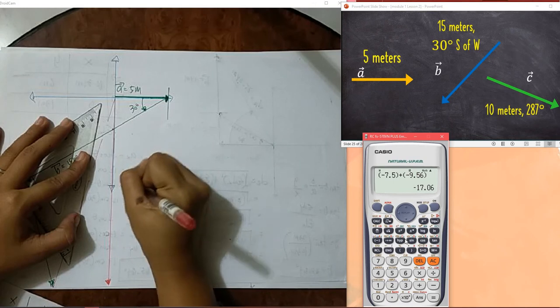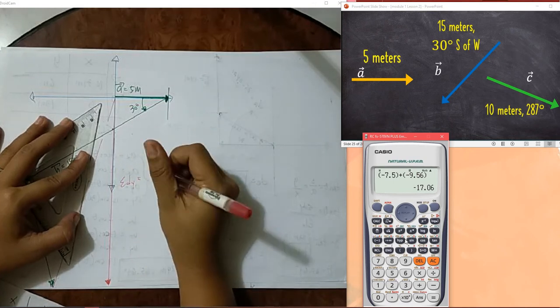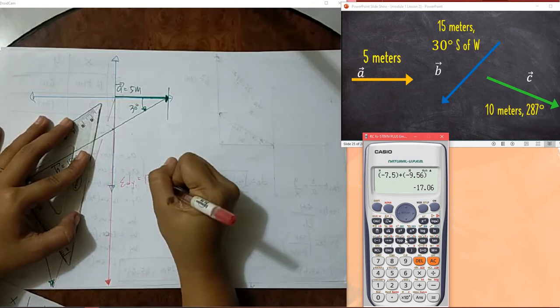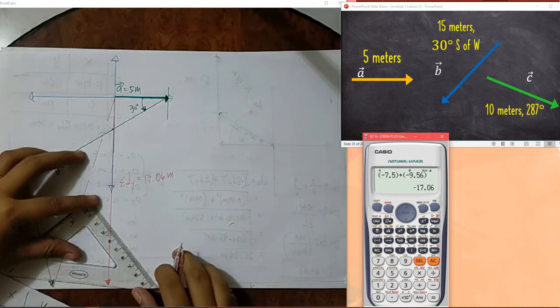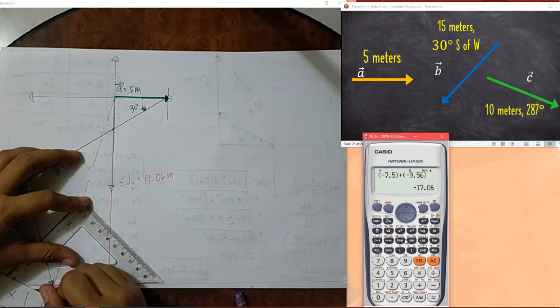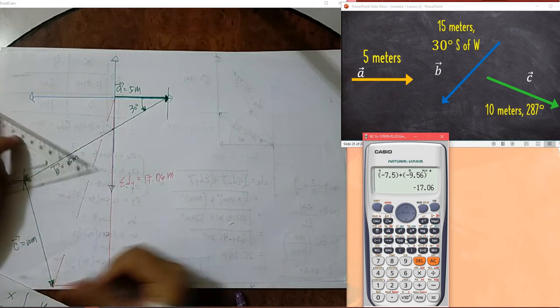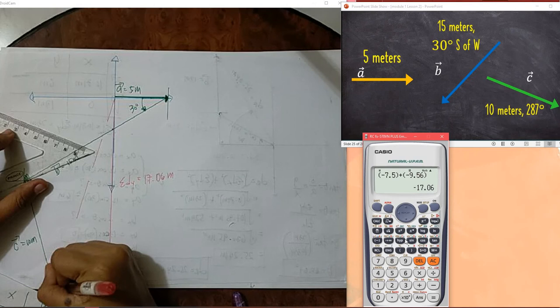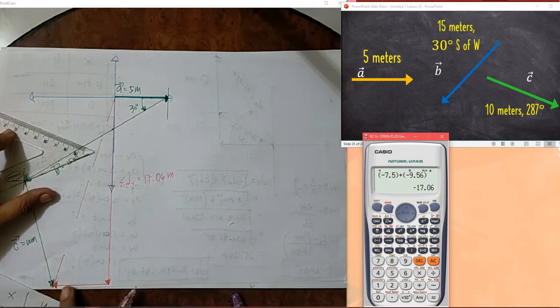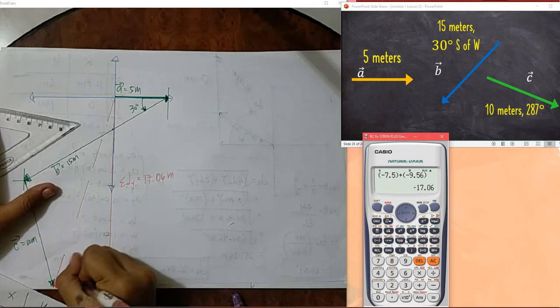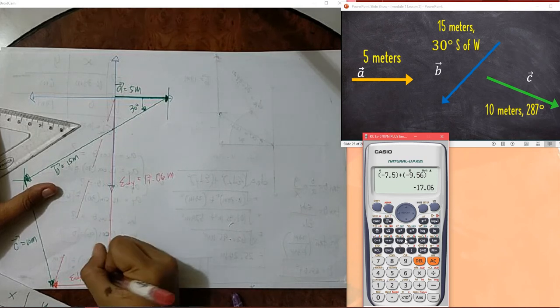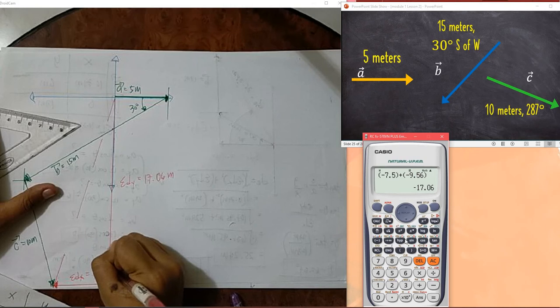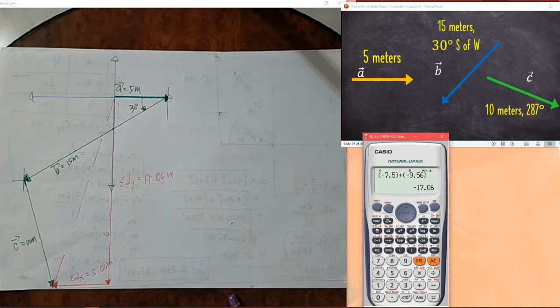Summation of d sub y, and this is 17.06 meters. Okay, and this is for the x. It also needs to go toward negative x. So here is the arrow. Summation of d sub x is equal to 5.06 meters. You might wonder why I did not put a negative sign.